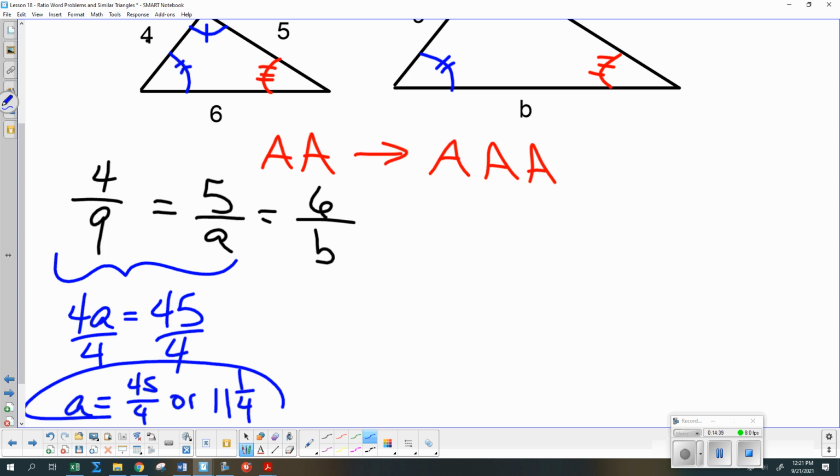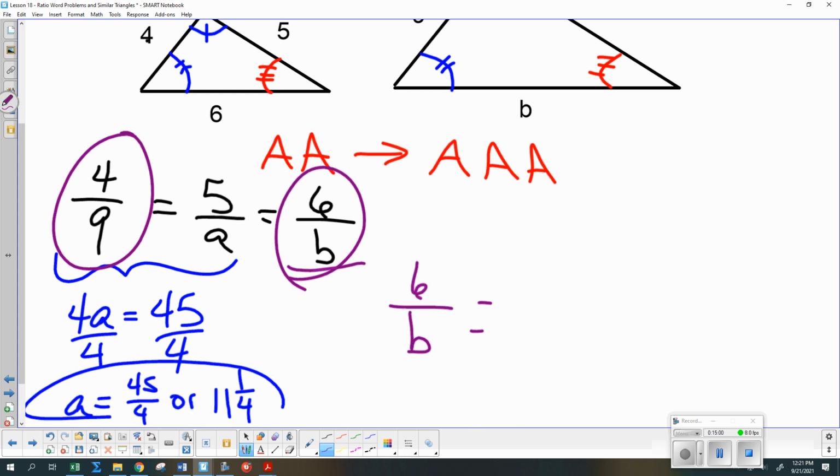Then to get my other one, I need to use the 6 over b. And I could do 5 over 45/4, but that's pretty messy. And what if I made a mistake there? Then I'm guaranteed to get b wrong. So instead, I am going to say 4/9 and 6 over b are equal.